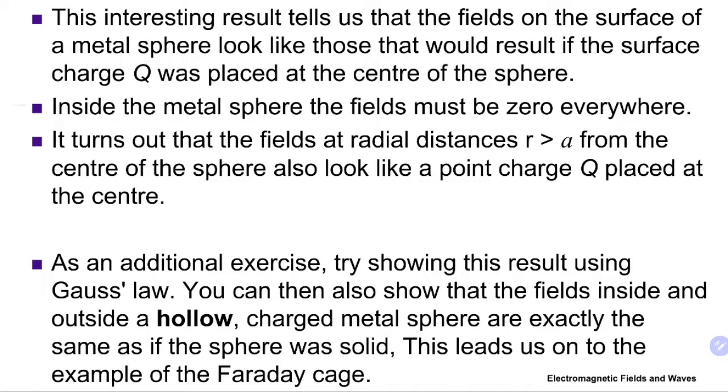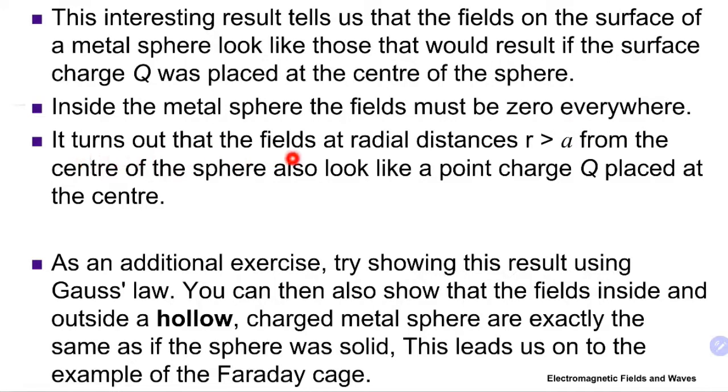So this interesting result tells us that the field on the surface of a metal sphere looks like that which would result if the surface charge Q was placed at the center of the sphere. Inside the metal sphere, the field must be 0 everywhere. That's what we have said earlier on. Inside a conductor, electric field or electric flux density cannot live within the conductor.